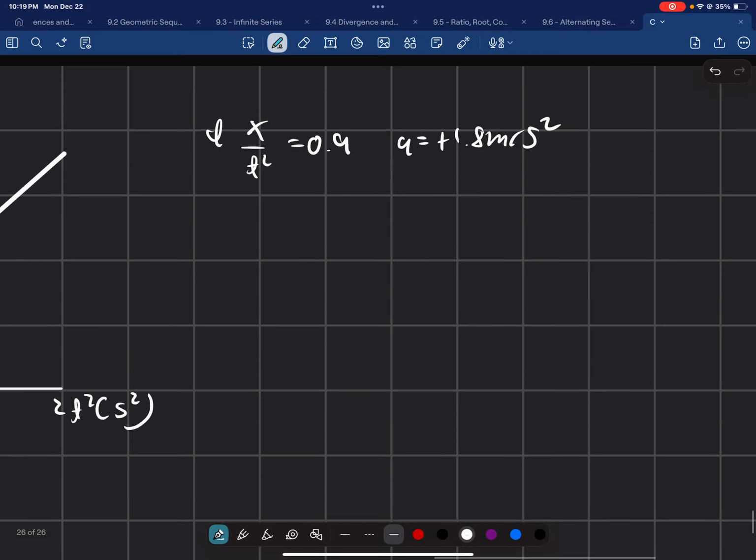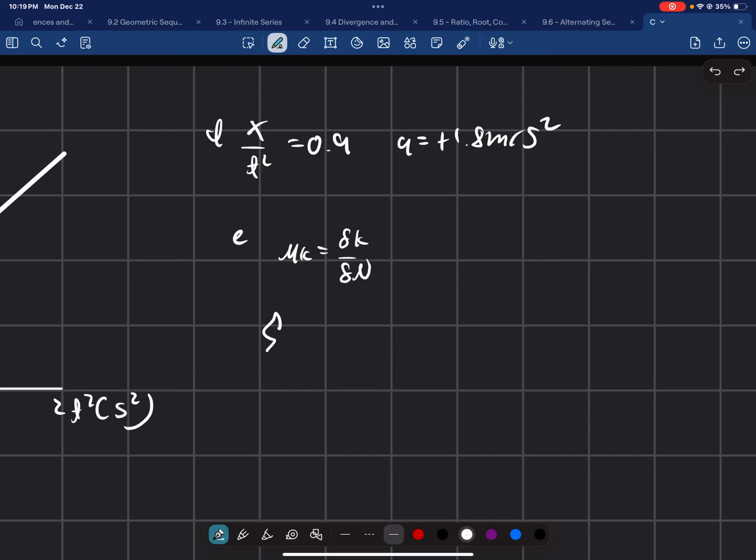For part E, it says using Newton's second law, derive an expression for the coefficient of friction in terms of F, m, g, theta, and a. So mu_k is equal to F_k over F_n. This would be in the x-axis, and this would be in the vertical axis.